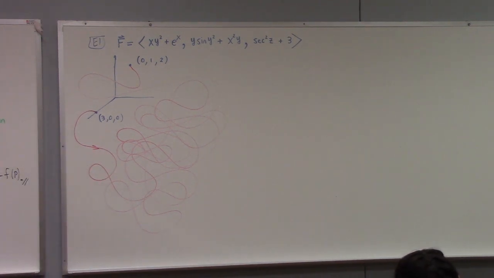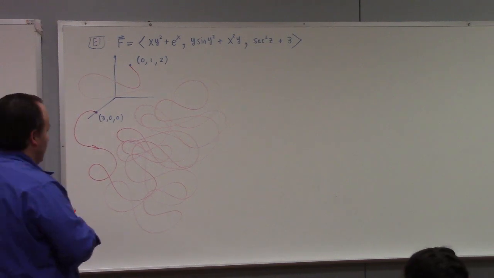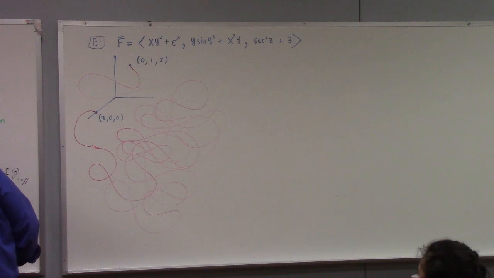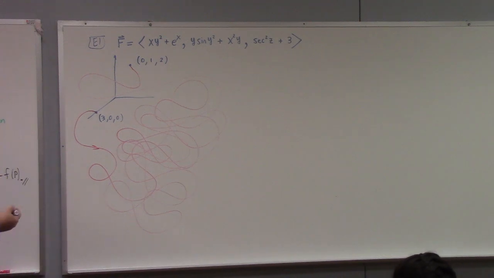I don't know about you, but I personally do not want to parameterize that curve, right? Much less compose it with that vector field and try to calculate the integral directly from the definition, right? That would be horrible. But, oh man, I really hope this is a conservative vector field.